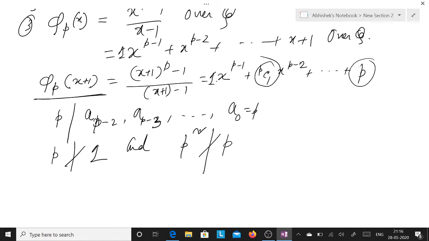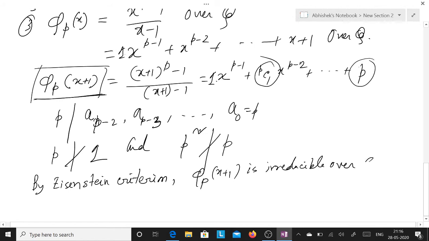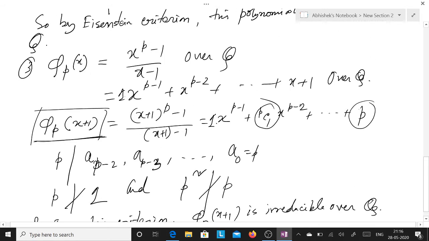And having satisfied these conditions, you can conclude that this polynomial is irreducible over Q by Eisenstein's criterion. So you can conclude that this polynomial phi p of x plus 1 is irreducible over Q. But your problem was to tackle the polynomial phi p of x.